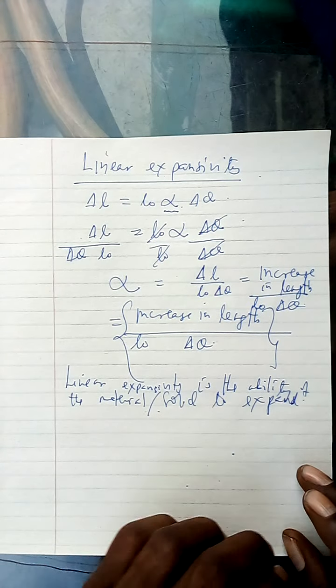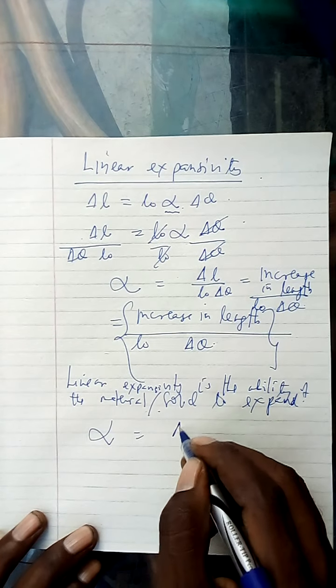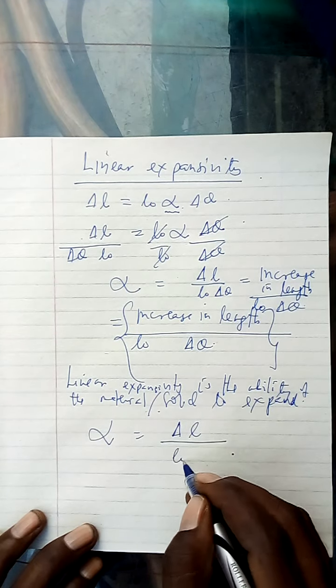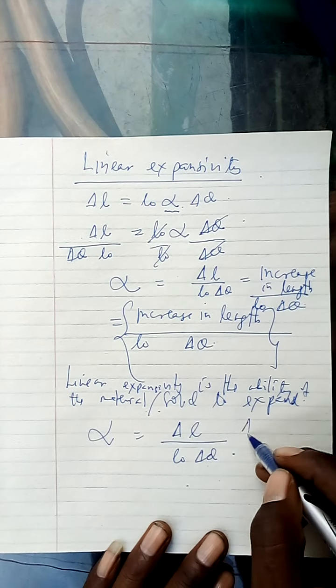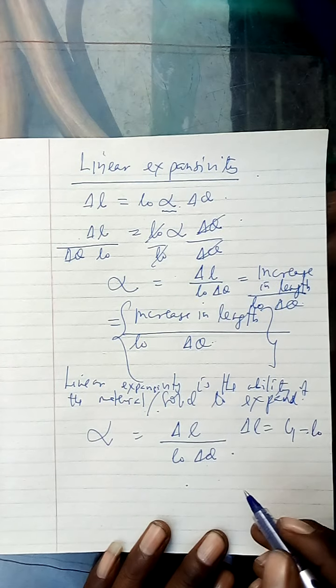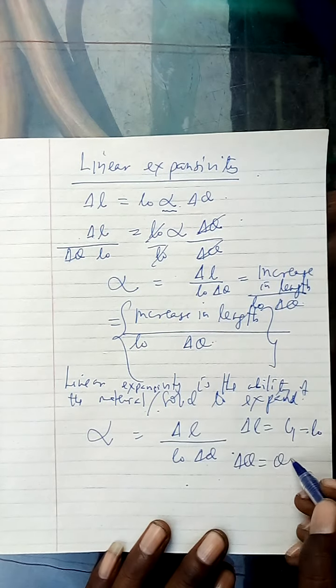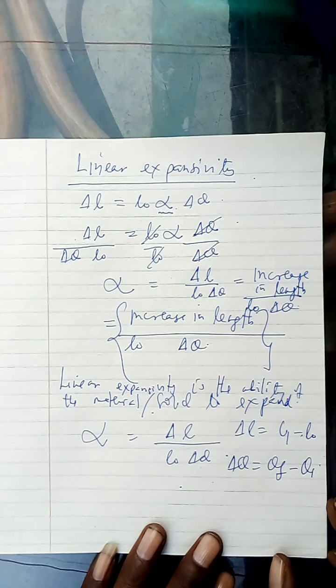But mathematically, as I said, linear expansivity is equal to the change in length over the original length and change in temperature. Remember I've said the change in length is equal to the new length minus the original length, and the change in temperature is equal to the final minus the initial temperature. So this is very important for us to understand.